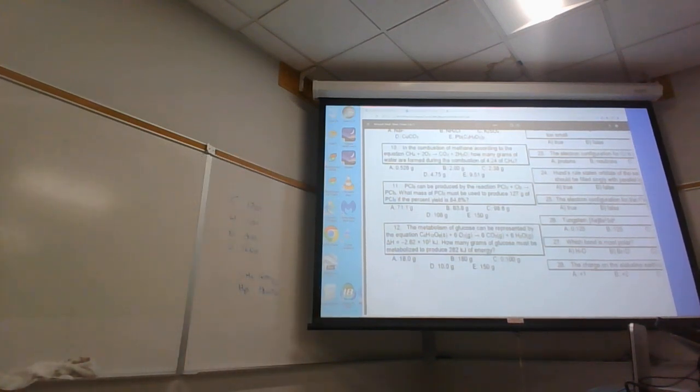And so normally the way we'd write something like this is 1 mole of glucose, C6H12O6, is going to produce 2.82 times 10 to the third kilojoules.